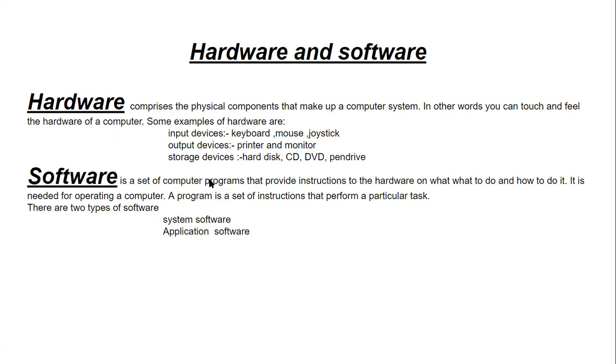Software is a set of computer programs that provide instructions to the hardware on what to do and how to do it. It is needed for the operating of a computer. A program is a set of instructions that perform a particular task.